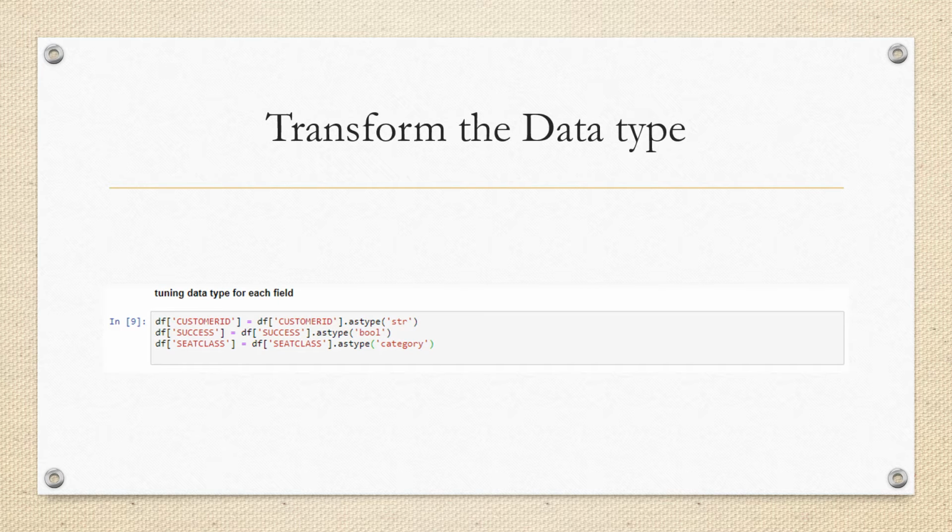This slide introduces that I transfer the data types, because the original customer ID, success, and seat class are numeric data types, and based on the project guide, customer ID should be string, success should be boolean, and seat class should be the category data type.